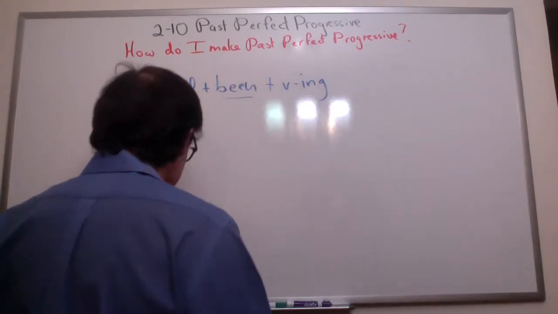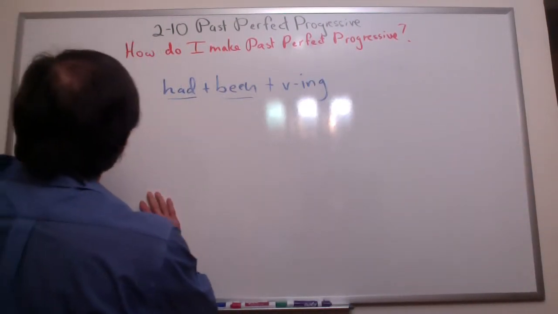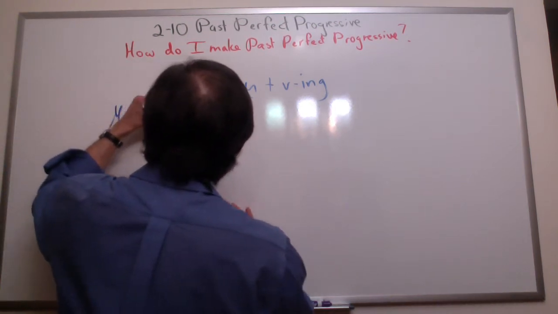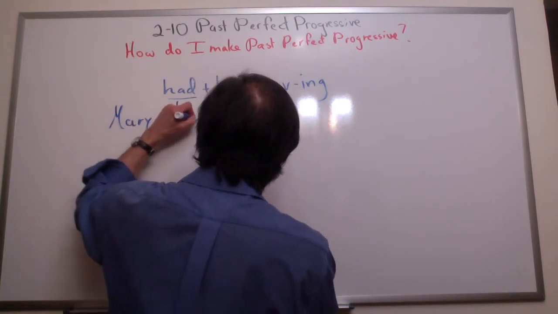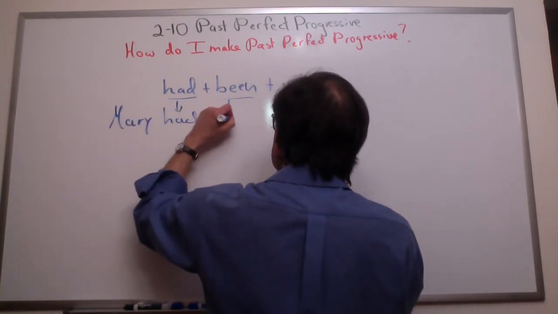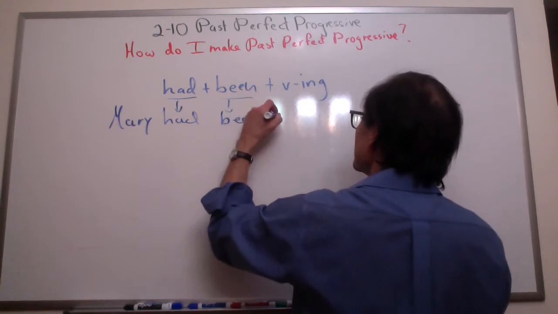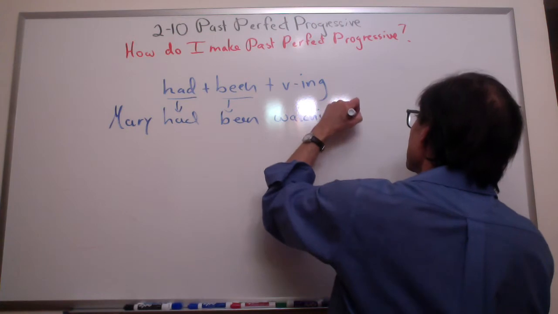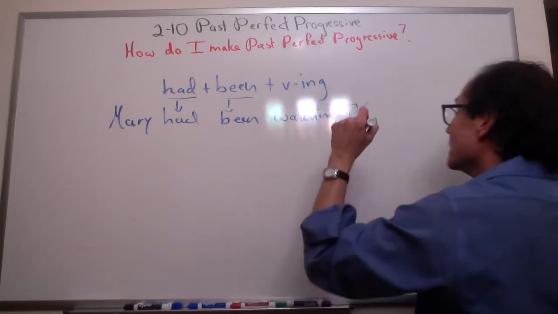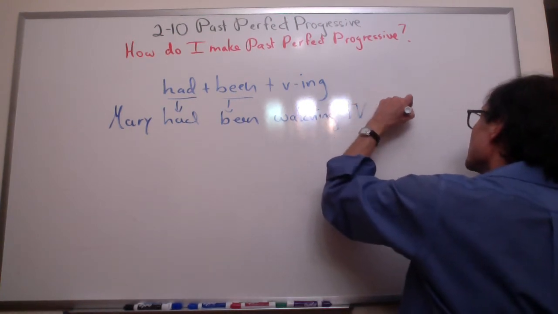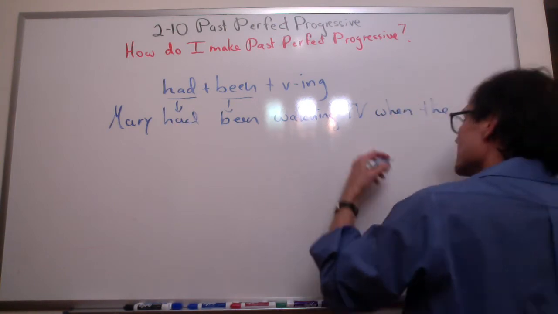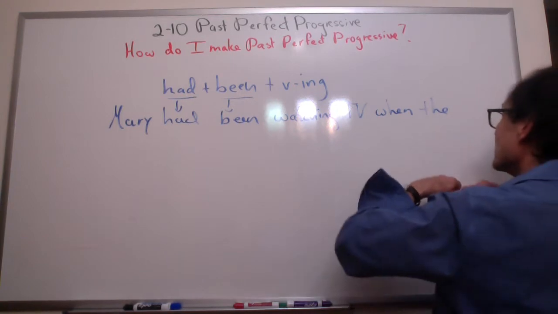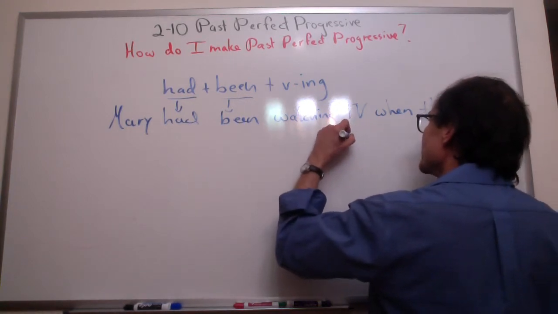I might say, Mary, and then I have had, been, and then verb ing. Mary had been watching TV when the earthquake happened. Well, let's say when the earthquake started.